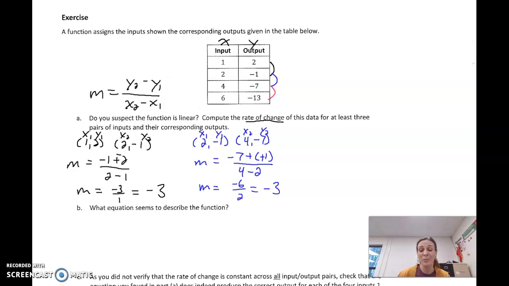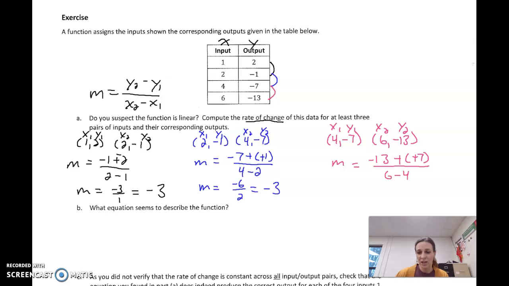You could jump around and try it between other points, but if it's the same between each consecutive pair, it's going to be the same between all of them. So now I'm going to do (4, -7) and (6, -13). That's x sub 1, y sub 1, x sub 2, y sub 2. The difference in my y's: negative 13 minus a negative 7, over 6 minus 4.